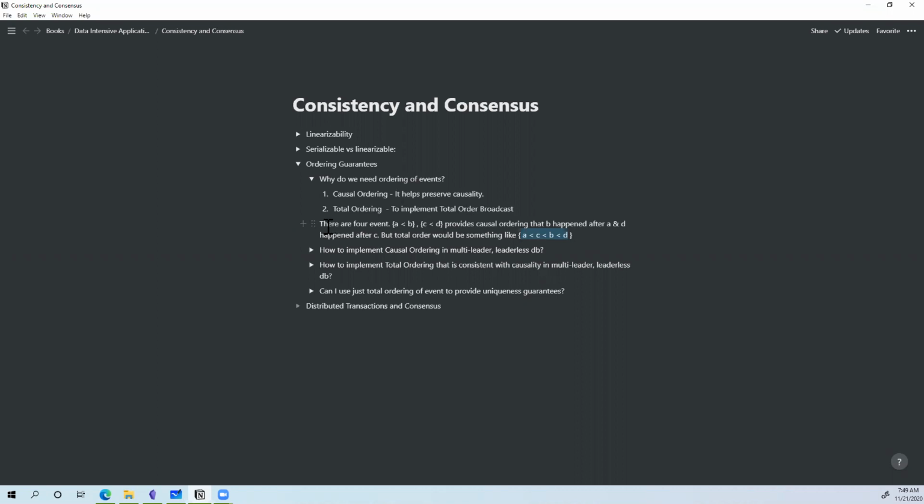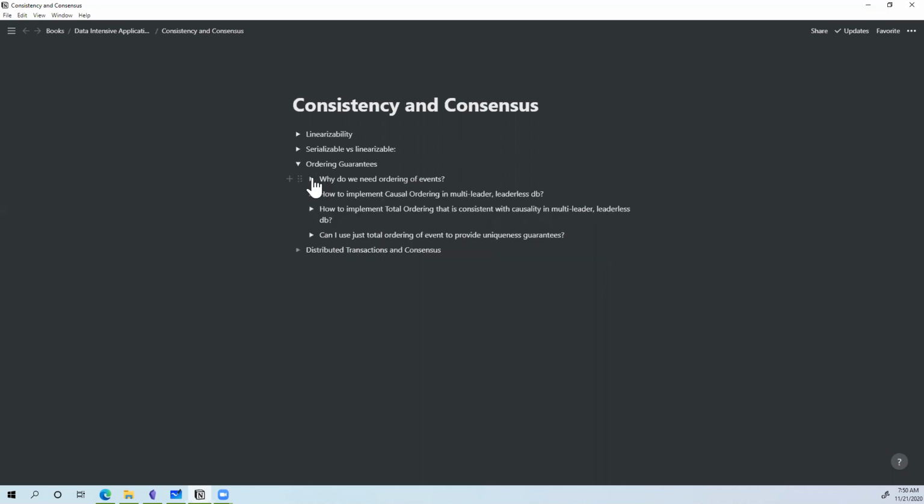So now moving on. How do we implement this causal ordering? We discussed two types of ordering: causal ordering and total ordering. If we want to order the events, it is very simple in the single leader replication model, because in single leader replication the leader decides the order of the events, and then the leader just passes on the replication log to other nodes.